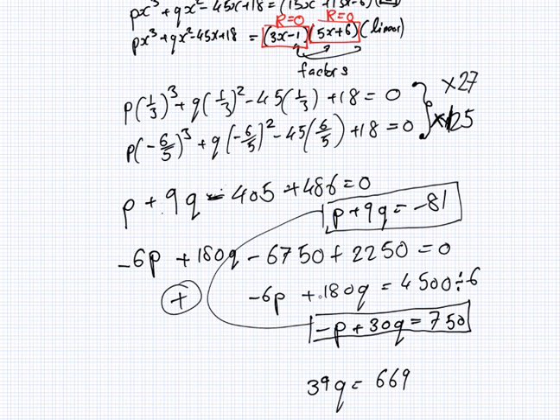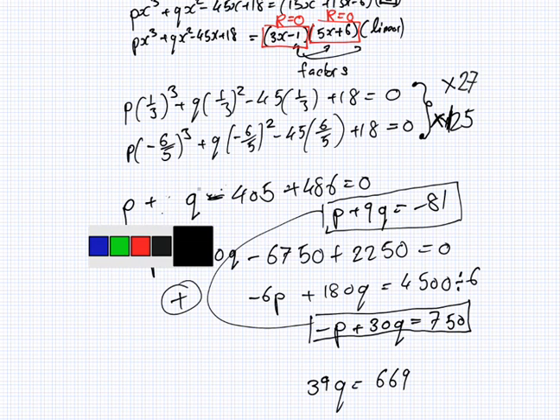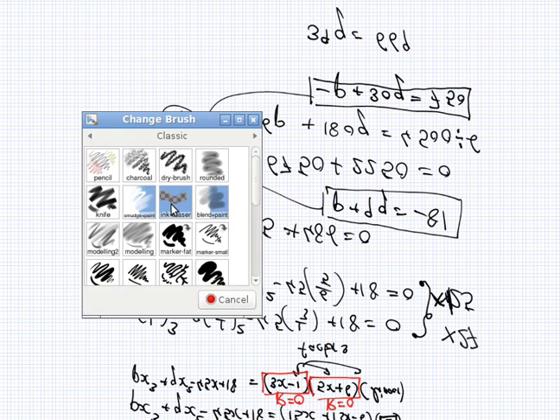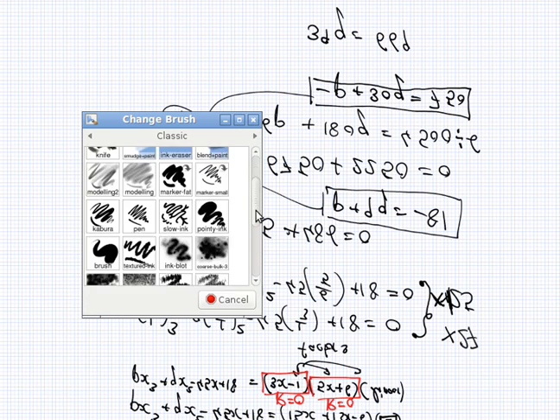Let's double check it. So 3 cubed is 27, multiplied by 27 is gone. 27 over 9, that's not a 9 cube, that should be a 3 cube. Here. That should be a 3. Sorry, the page is just turned upside down for some reason.